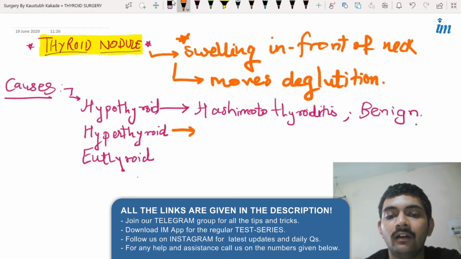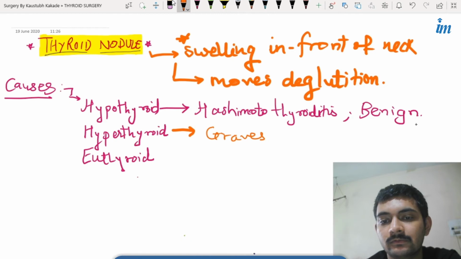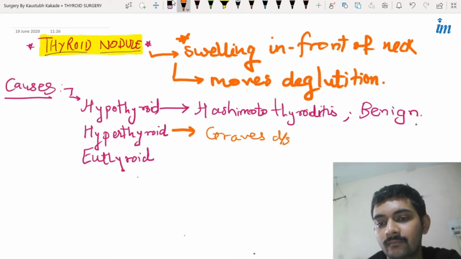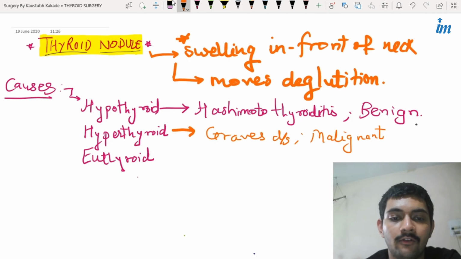It could be because of Graves' disease. It could be because of a malignancy, right? It could be malignant as well. Whereas a euthyroid patient is most likely to be a malignant one.